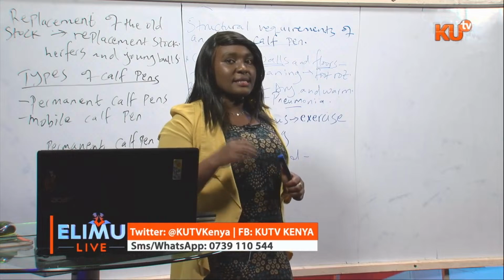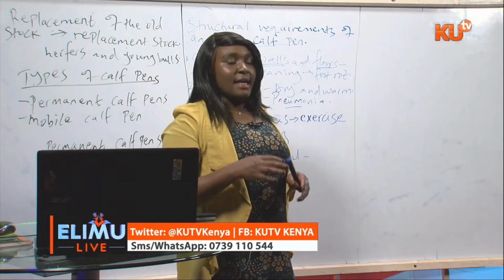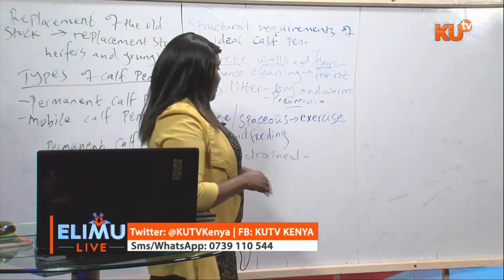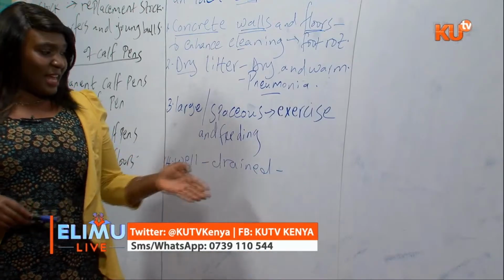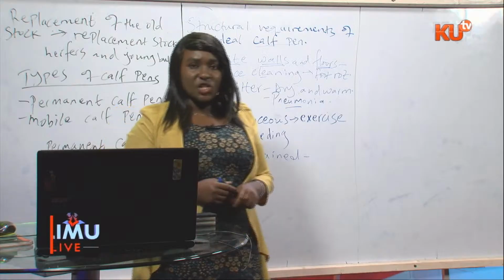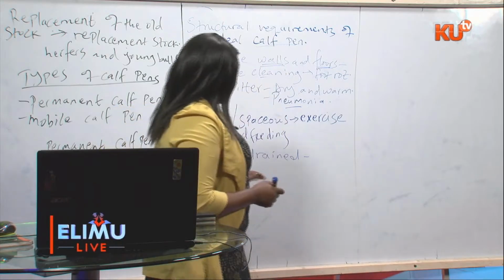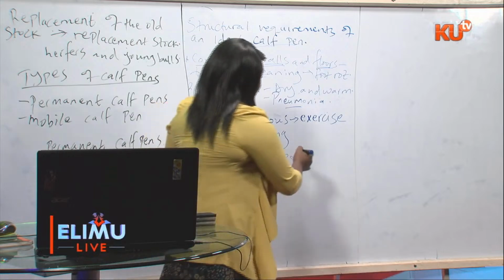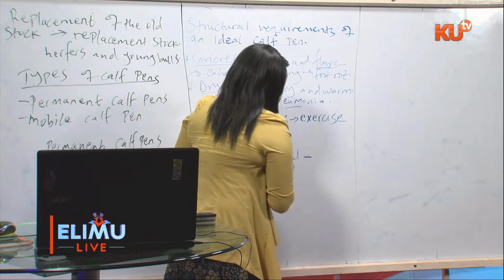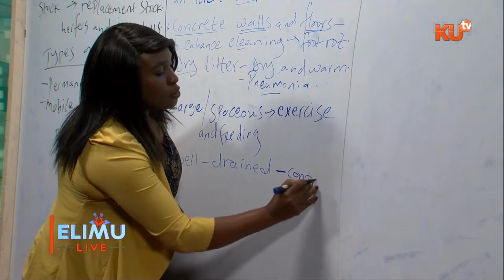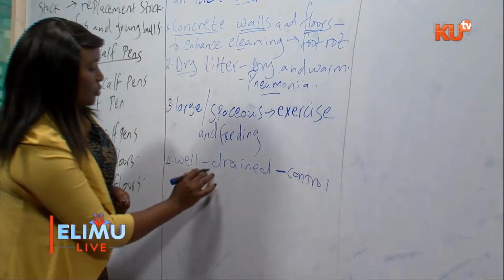You are placing this calf pen on an area that is dry. The environment is not marshy, and therefore we need an area that is dry. And of course, we are looking for a dry or drained area to control foot rot.